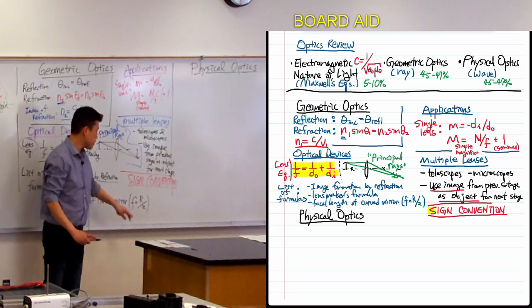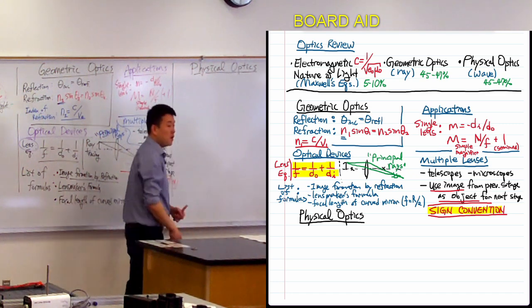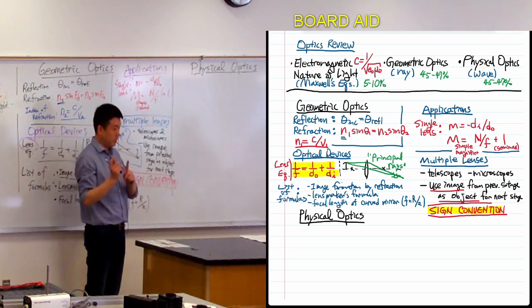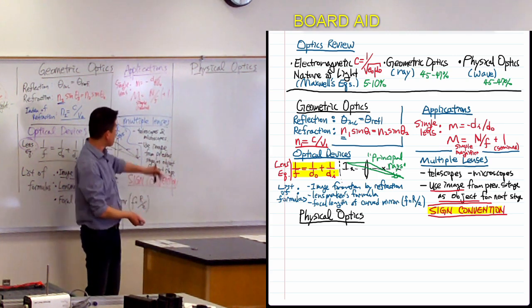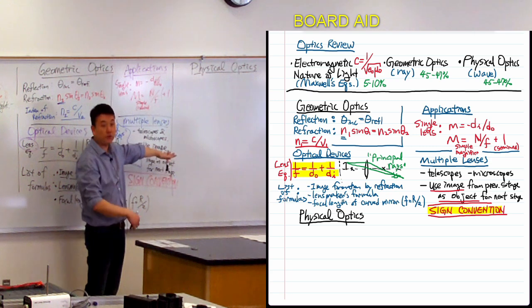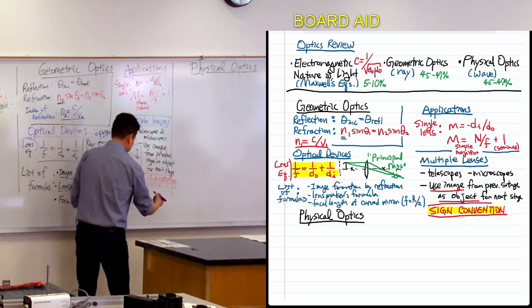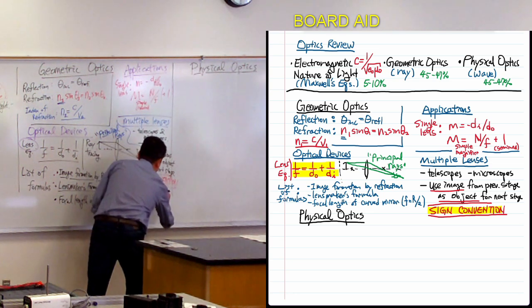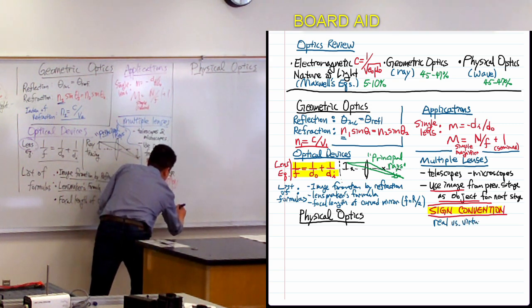But what the sign convention really highlights is your understanding of real and virtual images and real and virtual objects. Especially with multiple lenses, understanding what a virtual object is becomes more important. So sign convention is important for distinguishing between real and virtual, for both image and object.